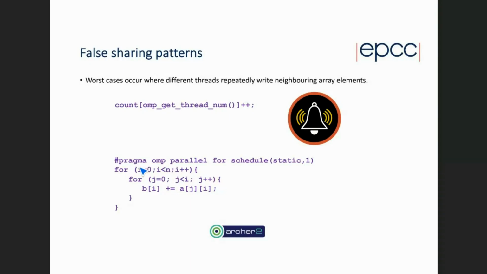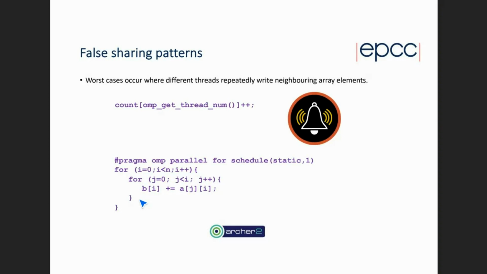But because the parallel loop, the i loop here, is indexing an array, if I choose a chunk size of 1, that means neighboring values of i, and therefore neighboring elements of B, are being written to by different threads.